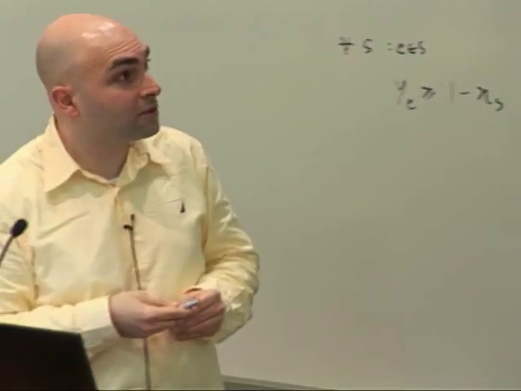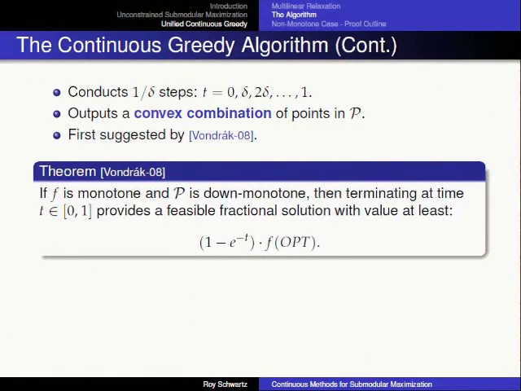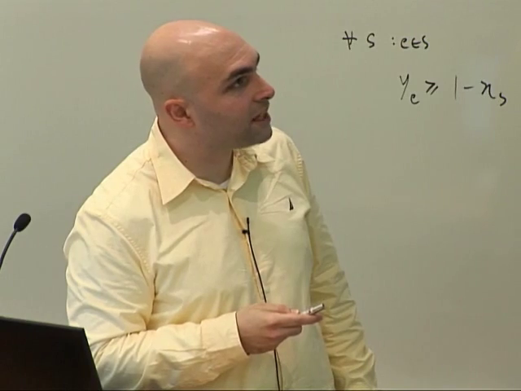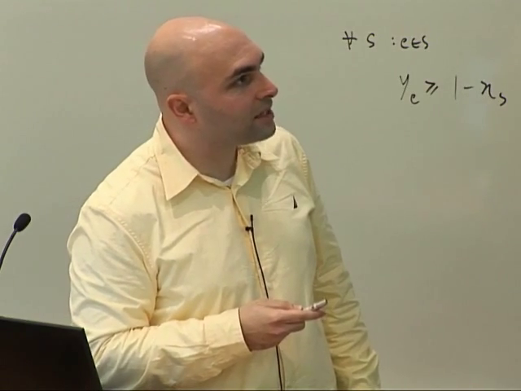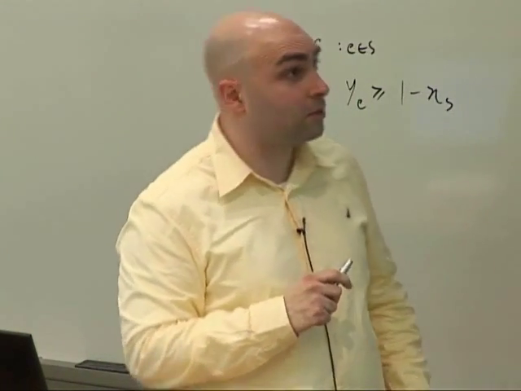Of course, we stop at time 1, because then we are guaranteed to have a convex combination of points in the polytope, and a convex combination is feasible. So this guarantees we have a feasible solution. It is convenient to think of the time as moving in jumps of delta. It was first proposed by Vondrák in the context of the Submodular Welfare problem.